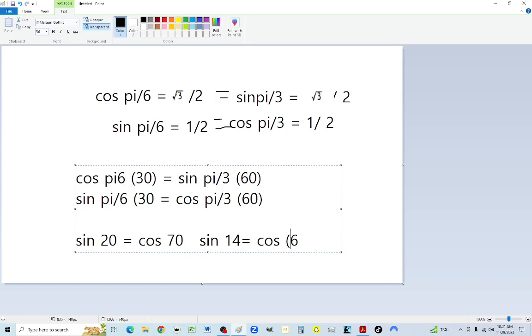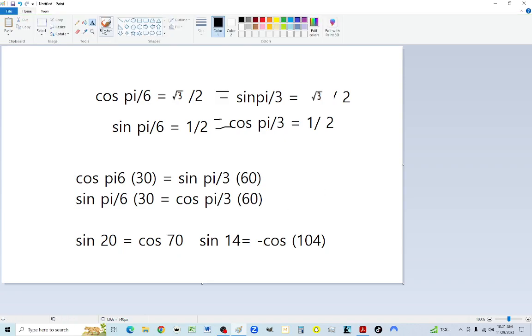So instead of 76, it'll be 90 plus 14, which is 104. But cos 104 is in quadrant 2. It'll come out negative, and sine 14 is in quadrant 1. It'll come out positive. So you'd have to put a little minus here to make those quadrants equivalent. But it is the same thing.